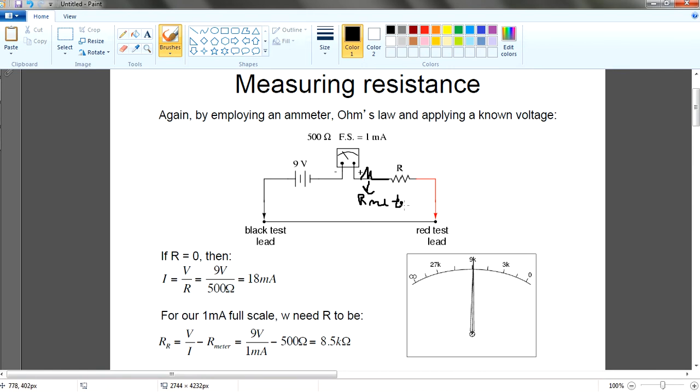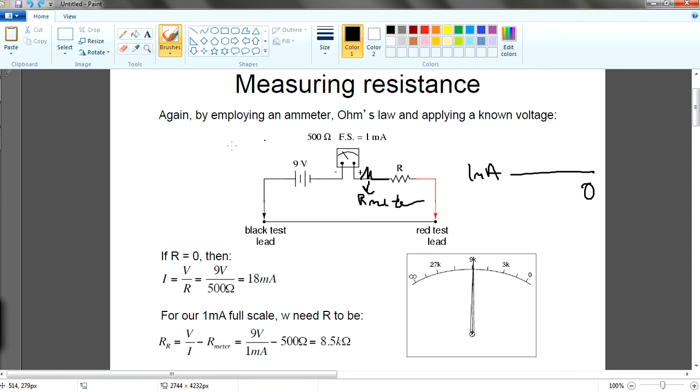What this R meter does is to ensure that the scale is still from 1 milliamp to 0, from the largest to the lower.